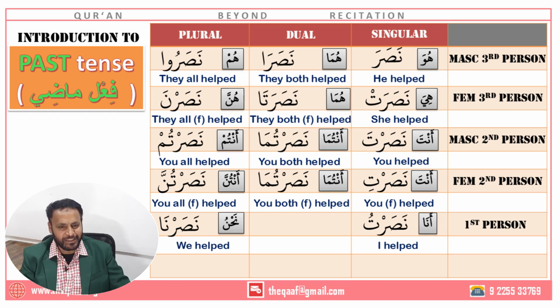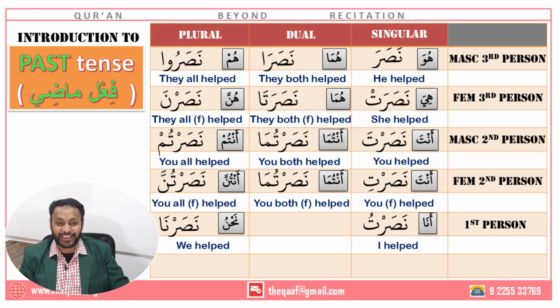It is a feminine singular word because there is a ta ending. So how do we say dual feminine? What did you do to the masculine singular word to make it dual? We added a. Do the same here. Just add a to nasarat and you get nasarata. So nasarata is dual feminine.